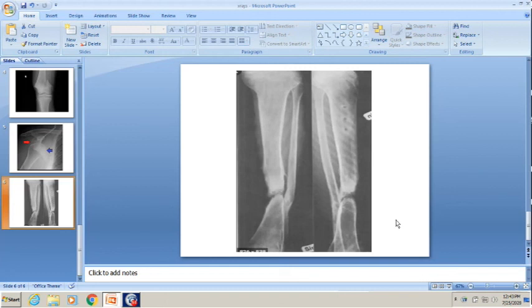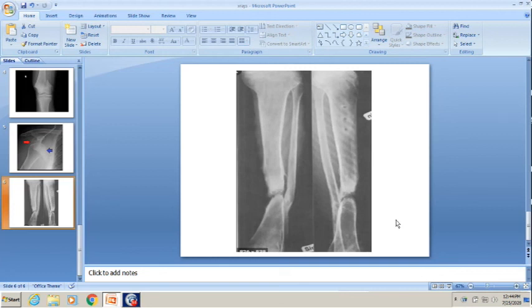Henceforth, as we keep covering theory chapters, we'll include those X-rays. Like we'll have tumor classes, then X-rays for tumors. Then gradually we'll also have sessions regarding implants and orthopedic instruments.